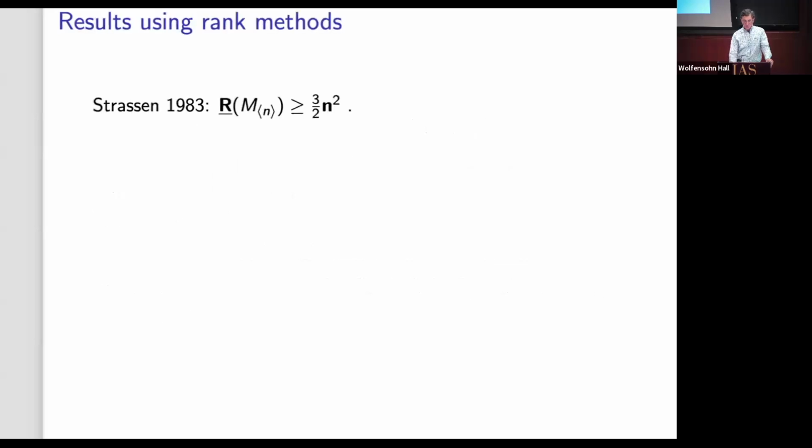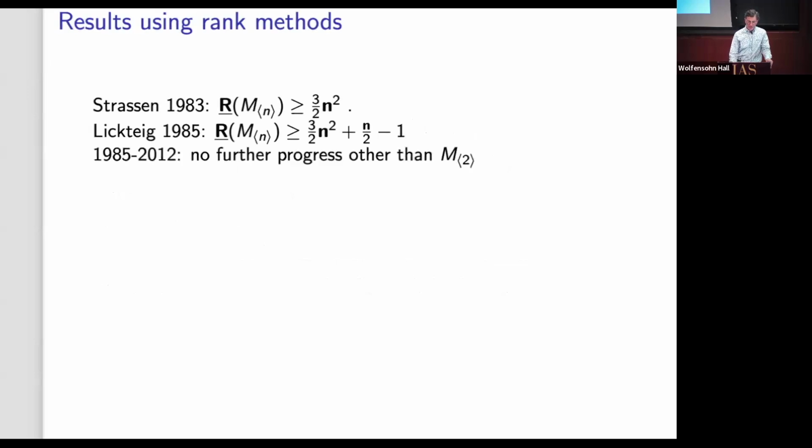And okay, so Strassen had some non-trivial lower bounds, which can be reinterpreted in this way. And he went from the trivial bound of n squared to 3/2 n squared in 1983. And then the advisor hits a home run, the student goes to second base for free. So a student got an error term better.